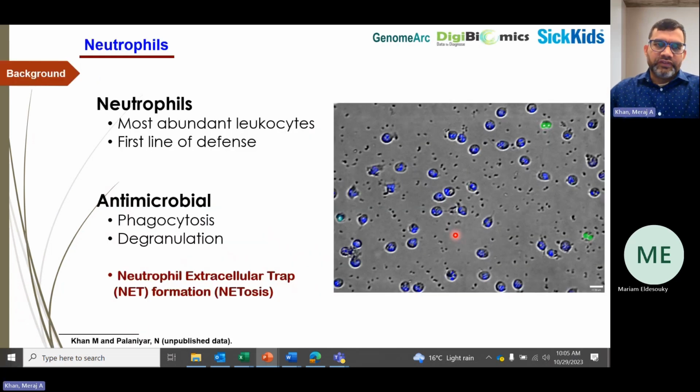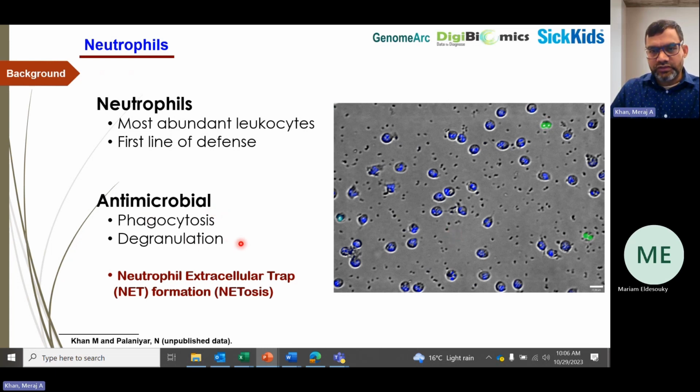So we all know neutrophils. Neutrophils are innate immune cells, and they act as a first line of immune defense. Whenever there's infection, inflammation, or pathogen attack, neutrophils come first, and they recognize the situation. We know that neutrophils have two critical characteristics.